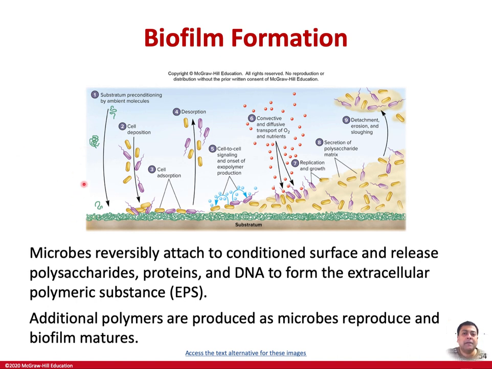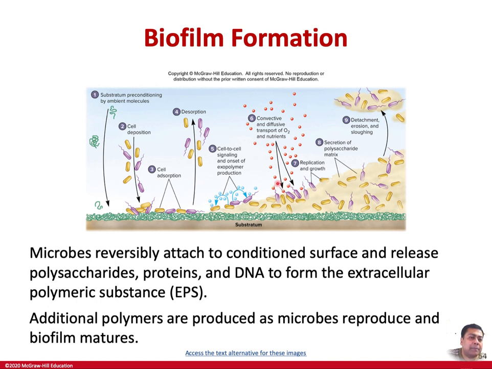Then you have the cell deposition. Cells are coming in, many different types. They are being deposited. And then the third process, right here, is cell adsorption. They are adsorbed onto this preconditioned molecule. And then they have a desorption. They can go out as well.